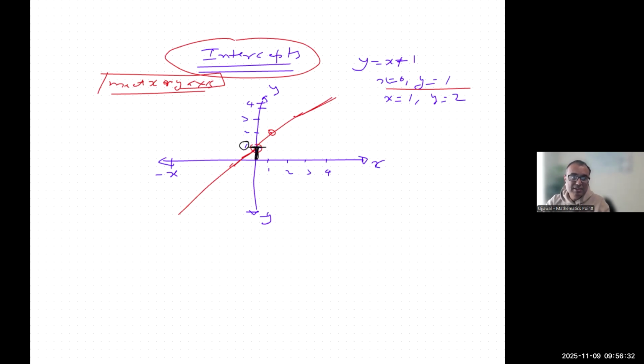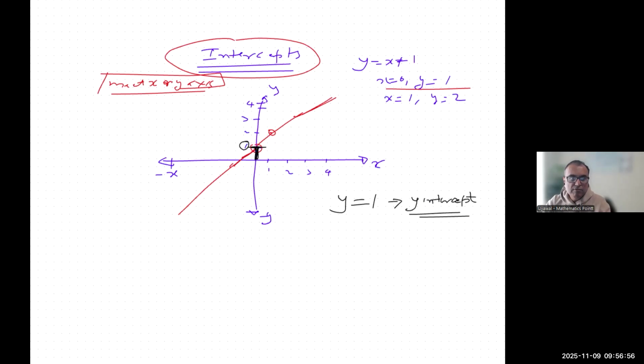Since this red line is meeting the y-axis at 1, my y value is 1, and I call this the y-intercept.